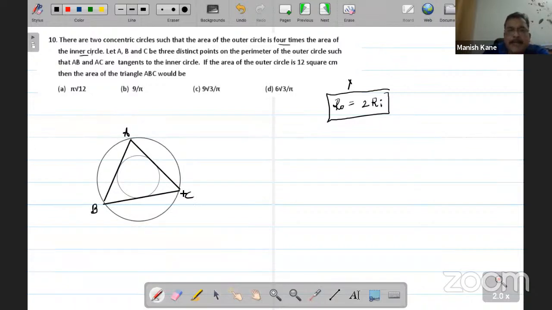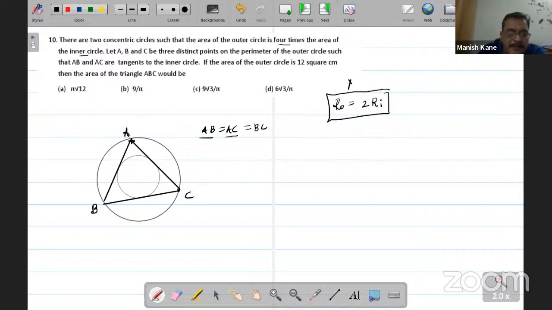So you have AB and AC as tangents. So tangents from the same point, AB and AC, must be equal. This is the first thing you should realize. And by symmetry, BC also should be tangent. Two tangents can be drawn from one point, and the length of both the tangents is the same.